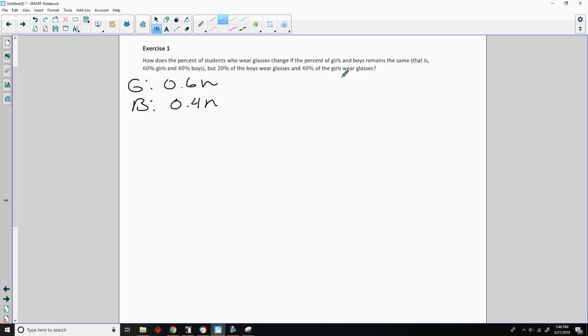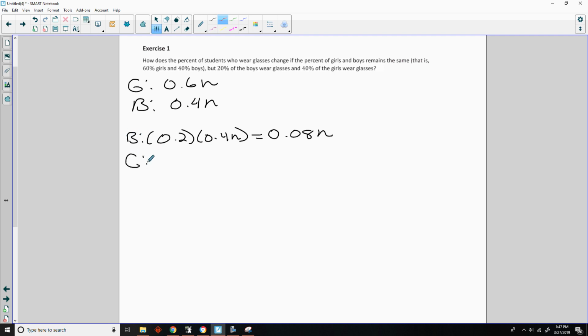So we switched them around. So now if it's 20% of the boys wear glasses, it's 0.2 times 0.4N, which equals 4 times 2 is 8, 0.08. And be careful with your decimal places. There are 2 decimal places. Okay, that is the boys.